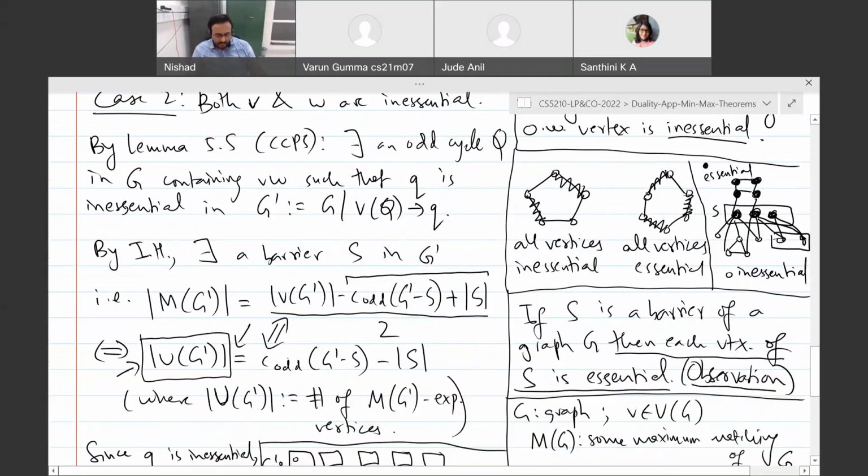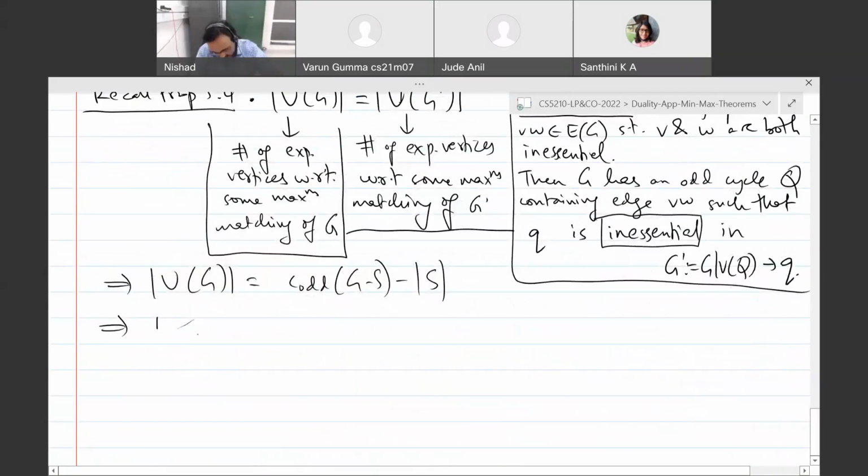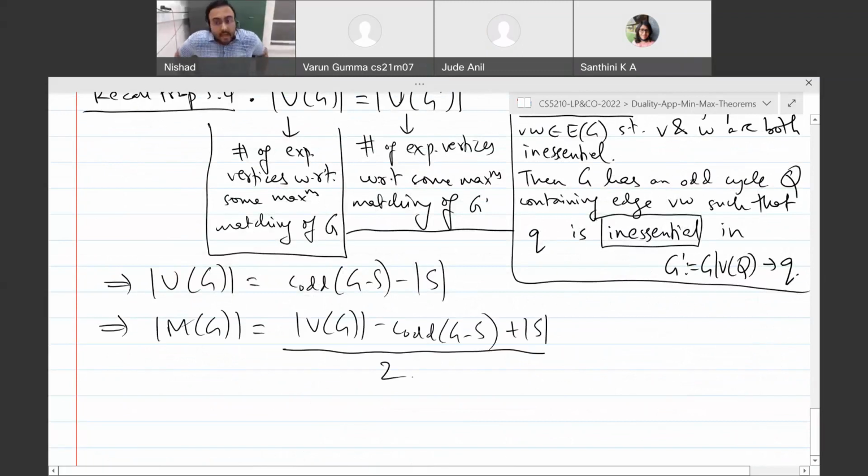Sometimes it just is easier to think about the exposed vertices. So this is the same as saying that the size of a maximum matching in G is precisely the number of vertices of G minus the odd components of G minus S plus the cardinality of S, divided by 2. And that proves the Tutte-Berge formula, modulo lemma 5.5.